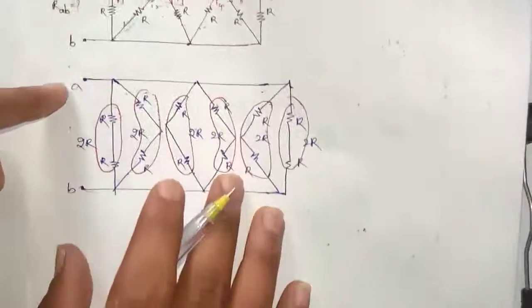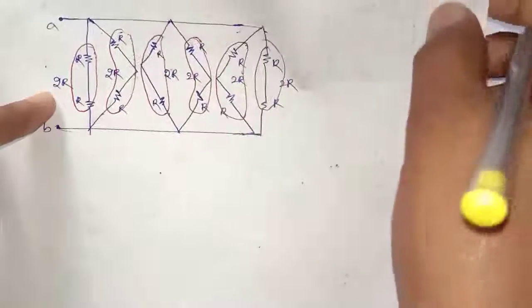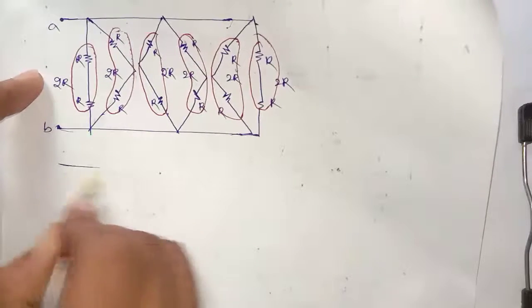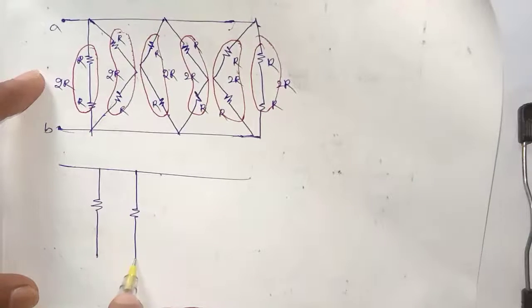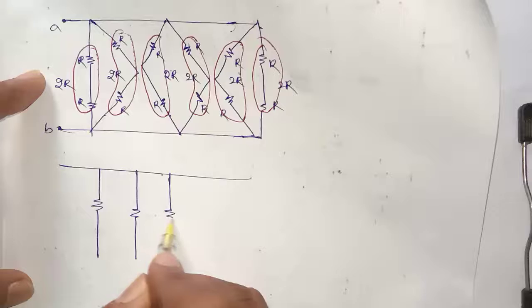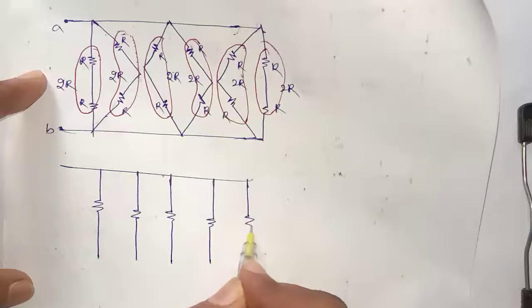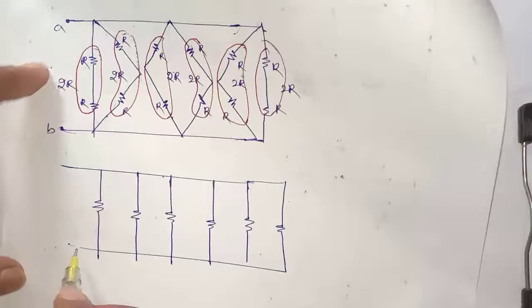So six 2R resistors are going to be in parallel. 2R and another 2R resistor, another 2R, another 2R, another 2R, another 2R resistor. Okay, right?